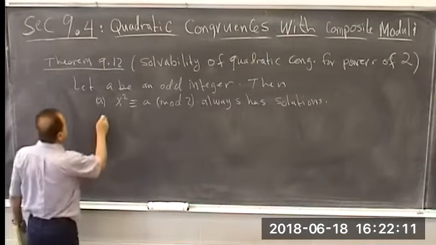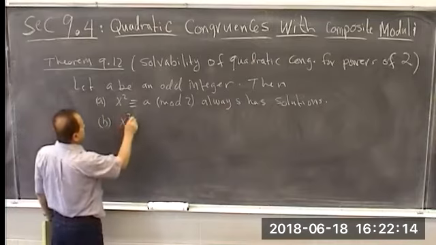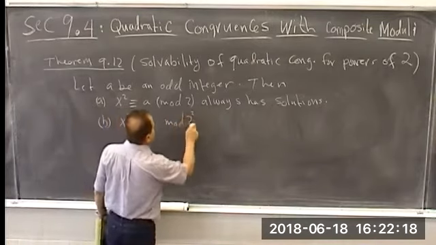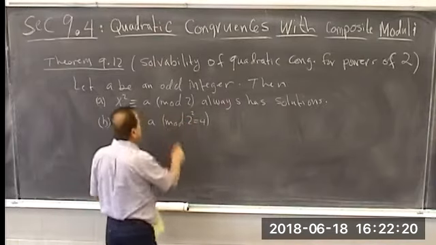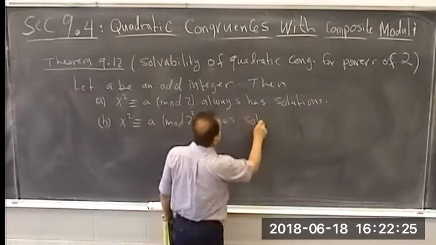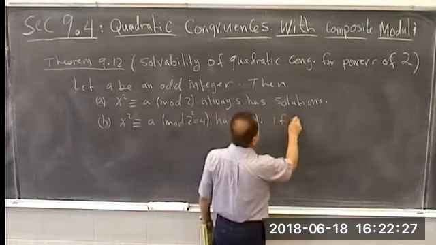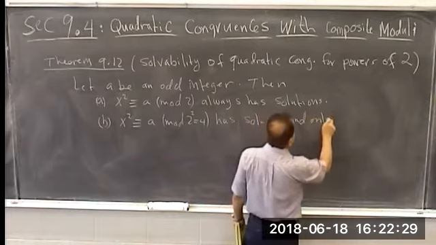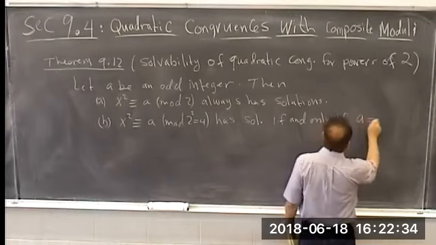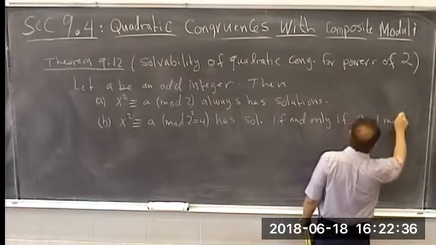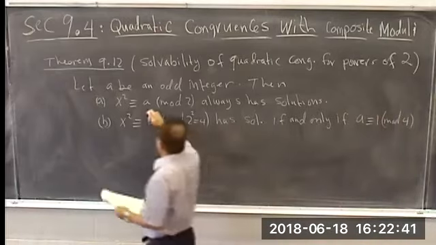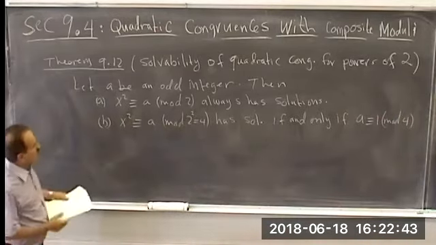The second is x squared congruent to A mod 4. 2 squared is equal to 4. There's a solution if and only if A is congruent to 1 mod 4. So for the integer to be a quadratic residue, it must be of this form.